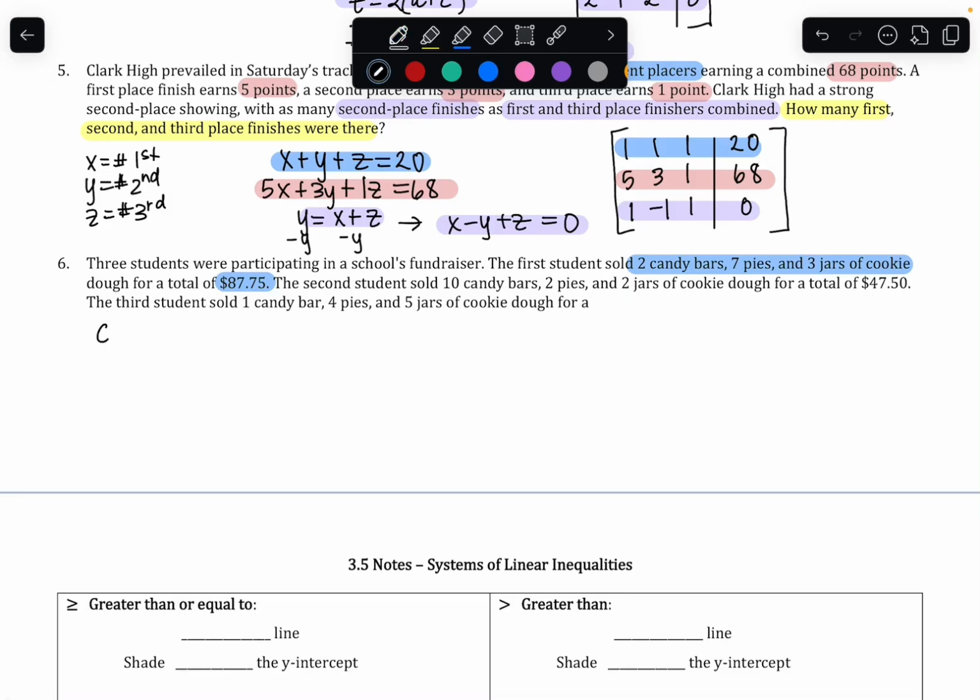And so let's just use X, Y, and Z. X will be the price for candy bar. Y will be the price for pie. And Z will be the price for cookie dough.